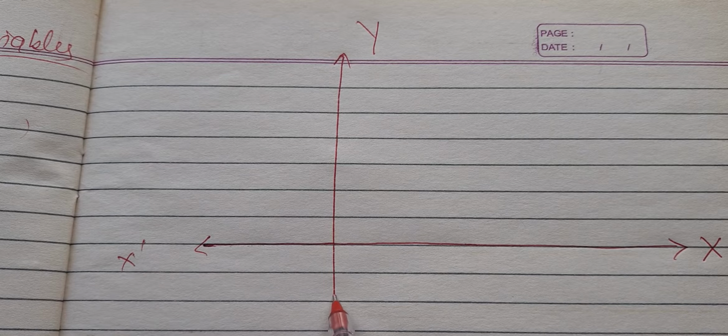So this point of intersection is 0, then 1, 2, 3, 4, 5, 6, 7, and be careful, the distance should be identical. Whenever you plot any graph, you have to use a scale. You cannot plot a graph without using a scale. It should be neat and clean.